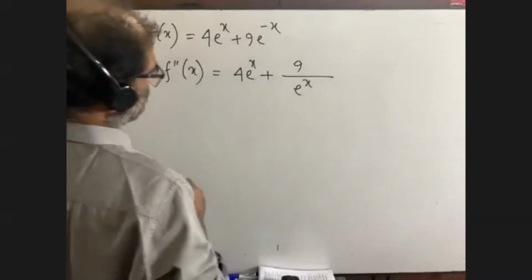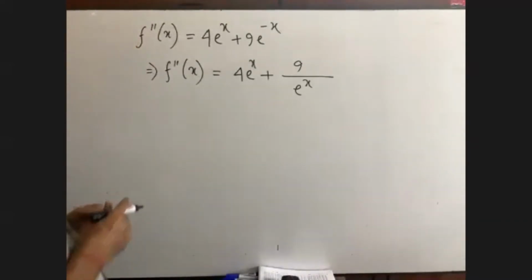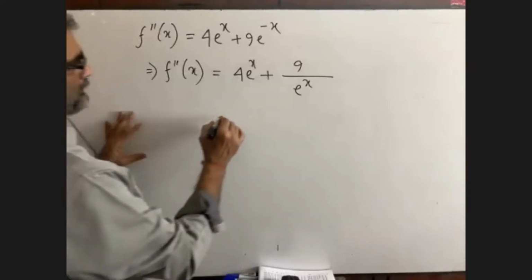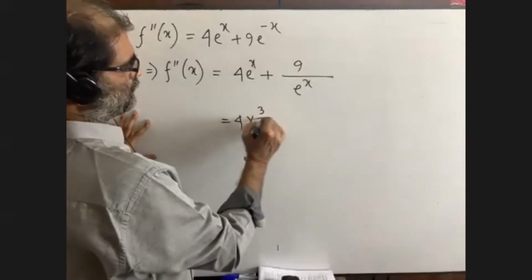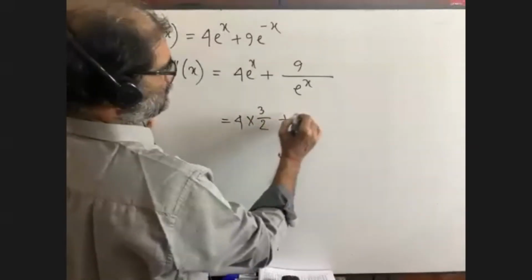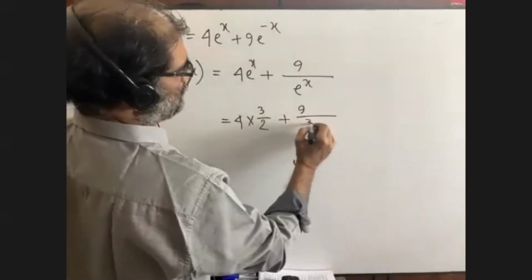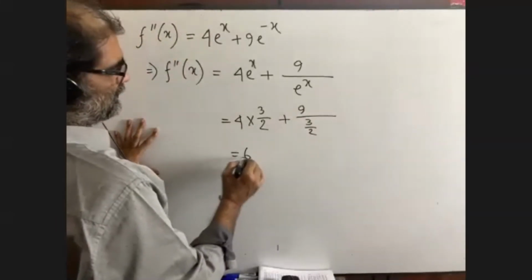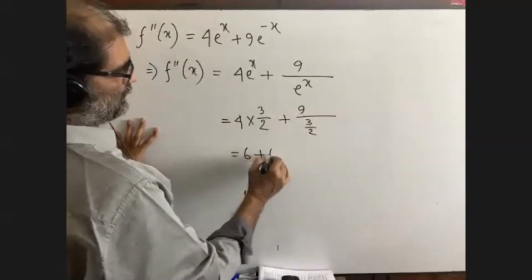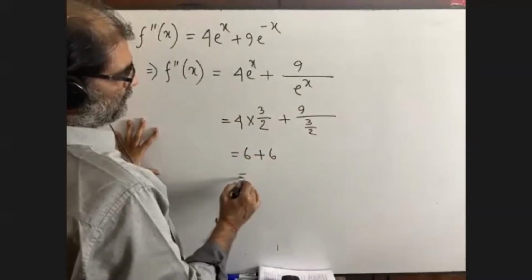Can you please tell me? 3 by 2. Now it is 4 times 3 by 2, plus 9 by 3 by 2. So we are getting 6 plus 6 equals 12.